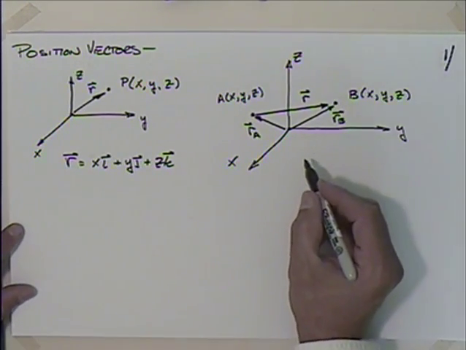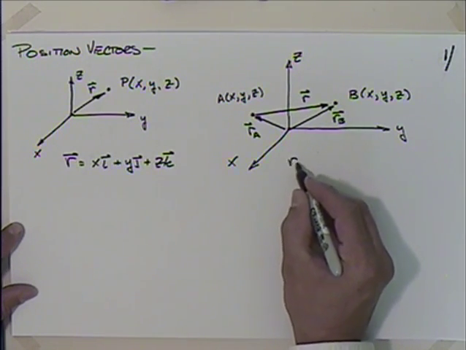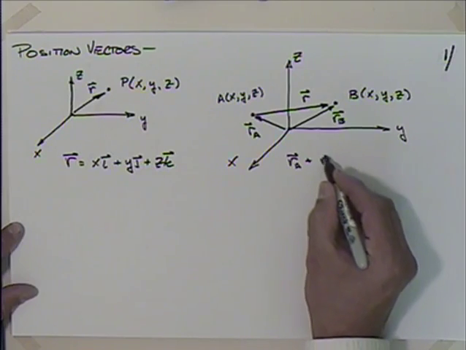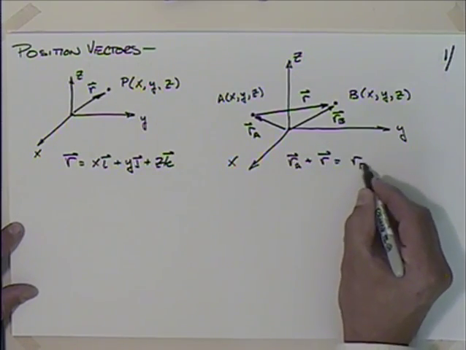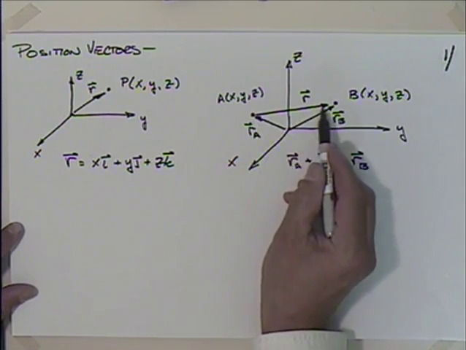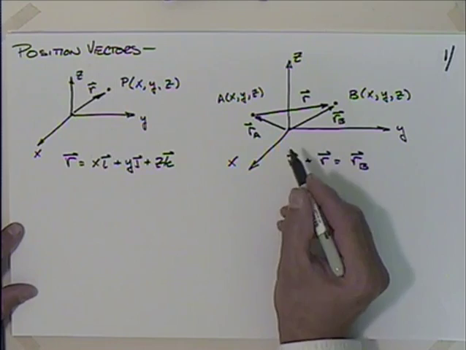So if I were to look at this in a vector sense, adding those vectors tip to tail, I could say that I have r sub a plus r is equal to r sub b. That is, going from there plus that is equal to r sub b. That's simple vector addition.